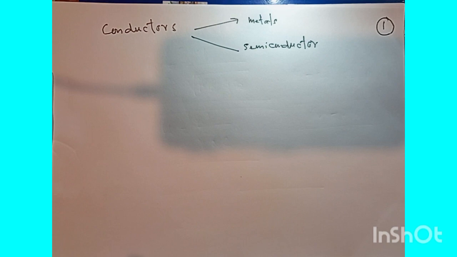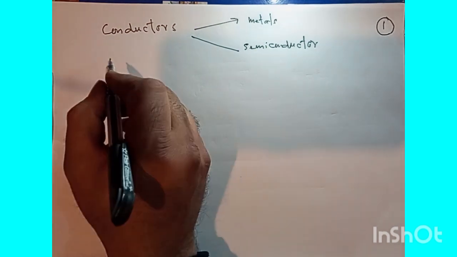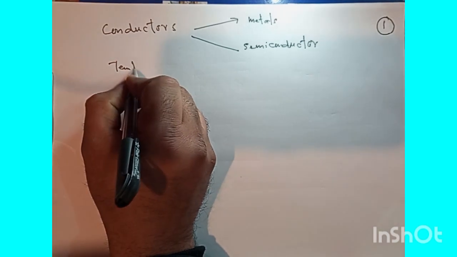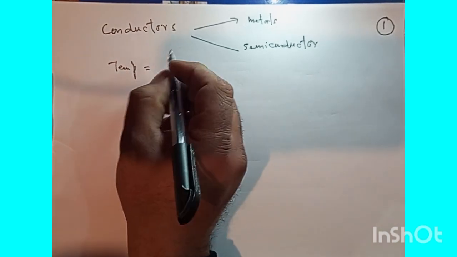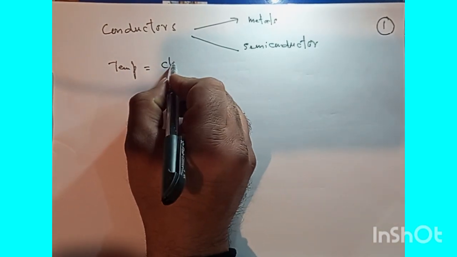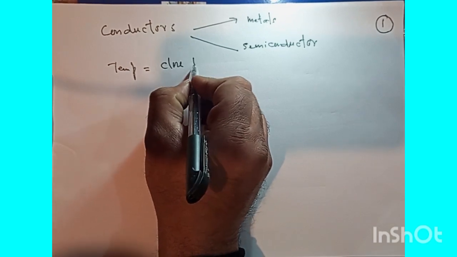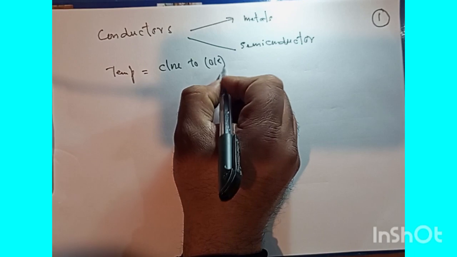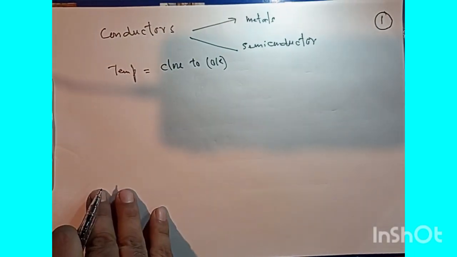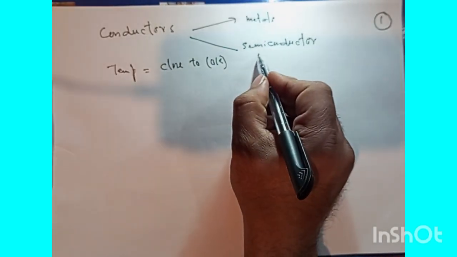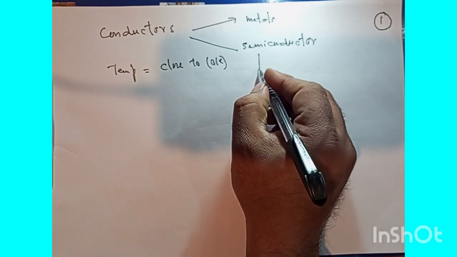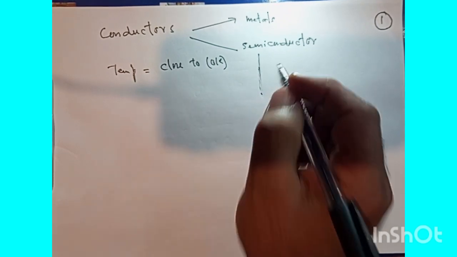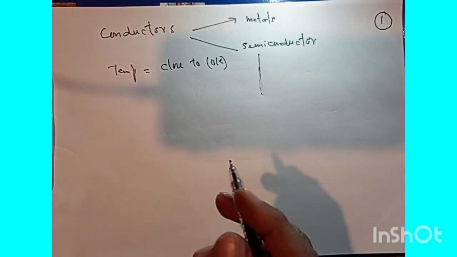And if we talk about a temperature close to absolute zero, the semiconductor behaves as an insulator. It behaves absolutely as an insulator.